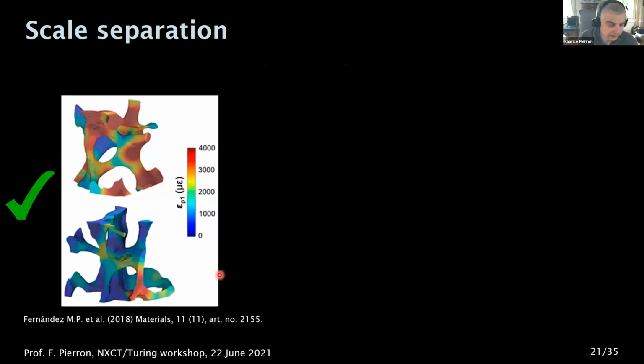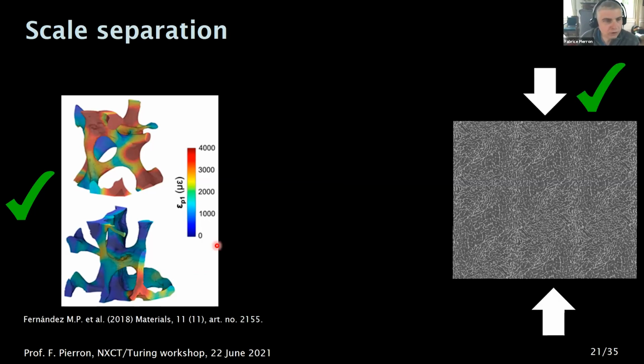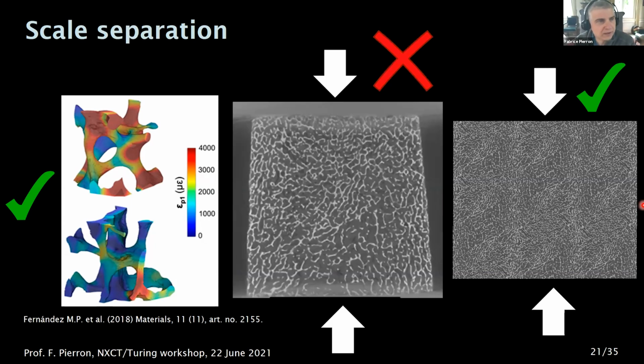In mechanical testing, the thing we like to have is scale separation. So we'd like to either resolve the heterogeneities, like in that case, or we would like to be sufficiently far away from the heterogeneities so we can treat this as a continuum equivalent. This is where we sit with that test, and that's the wrong scale.